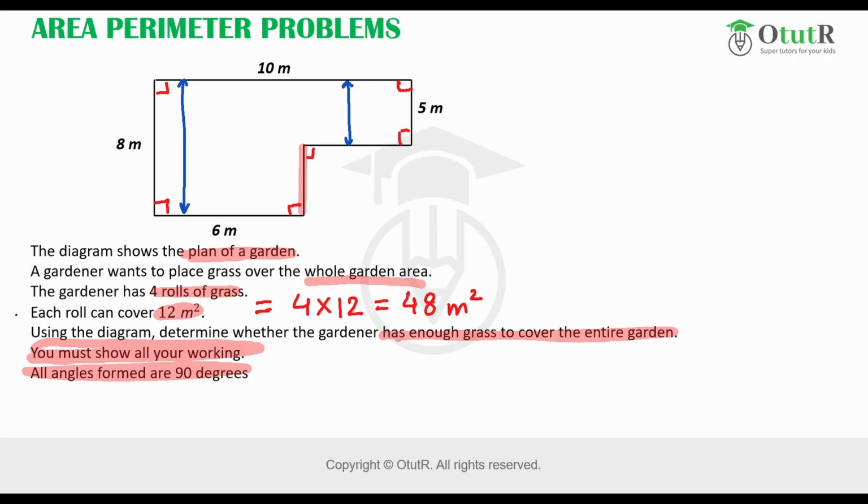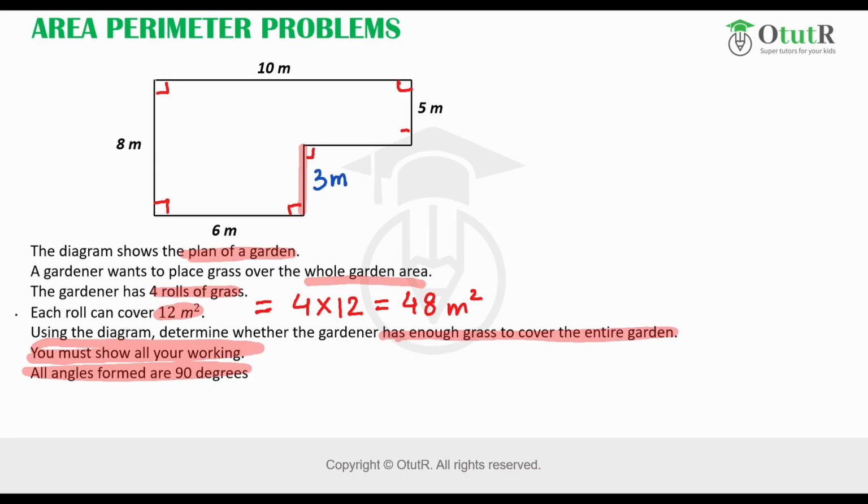So this is 8, this is 8, and this is 5. Can you tell me how much is remaining then? Obviously, the remaining part is 8 minus 5 is equal to 3. So 3 is remaining. So the length of one of the missing sides is 3 meters. Okay, so let us write that down. So it's going to be 3 meters. Done.